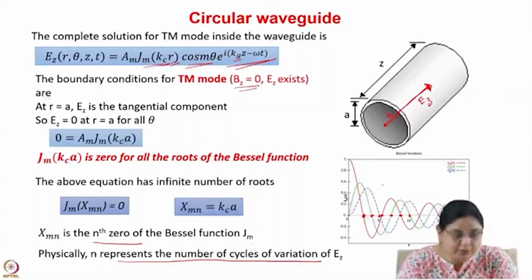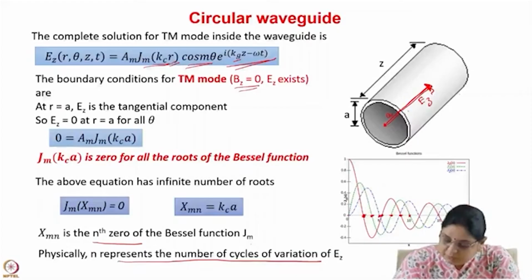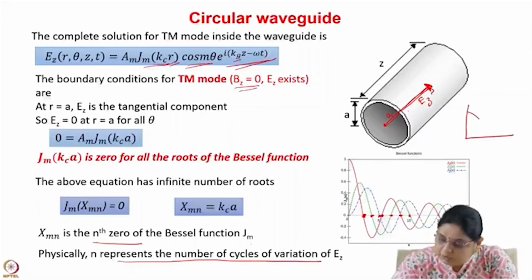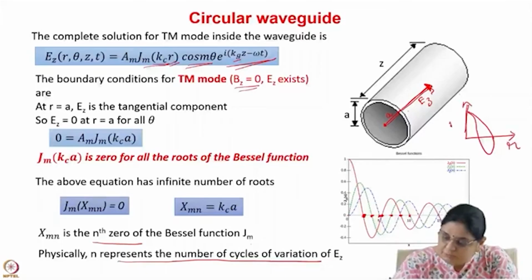Let's say Ez has to be 0 here. If we take J0, it can be 0 here or it can be 0 here. So for different modes, one variation could be like this, another variation could be like this, in the radial direction of Ez.